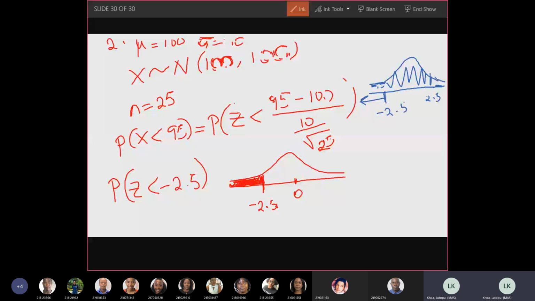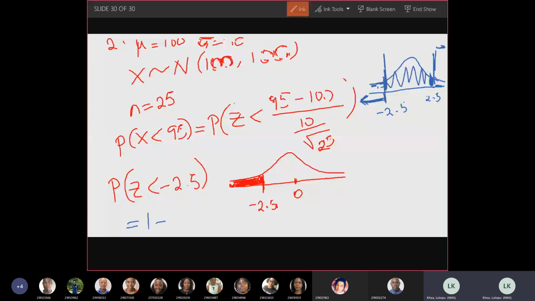So if that is the only table I have, I read off the value of 2.5, and then I say 1 minus the value of 2.5, because this area is the one that I want, but the table is giving me this area. And because the normal distribution is symmetric, this small area over here is the same as that area going that way. So my probability is going to be 1 minus 0.9938.